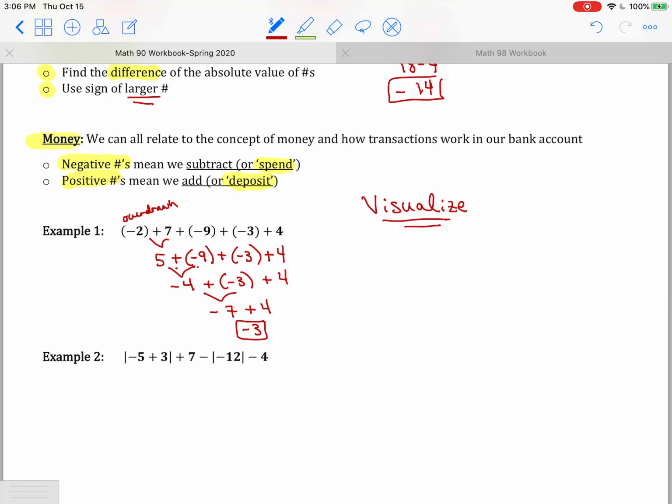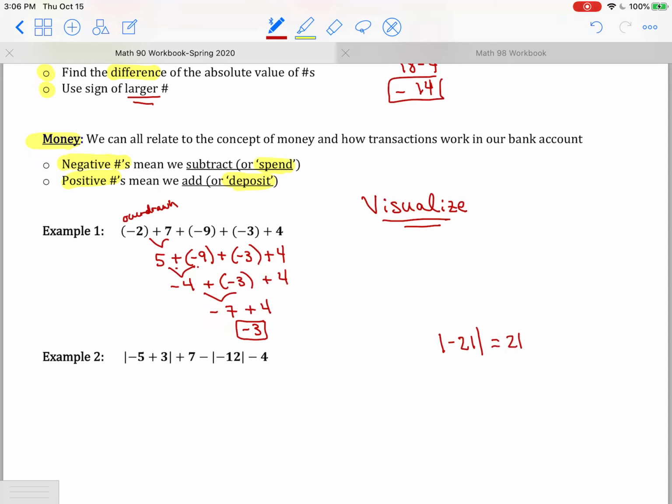Here's a second example, and you will have problems like this on your worksheet that you can practice. I included this because it did have some absolute value marks, so I wanted you guys to have a little bit of practice with that. Remember that absolute value means distance from 0. Up above we were looking at the absolute value of negative 21, which means how far is negative 21 from 0?